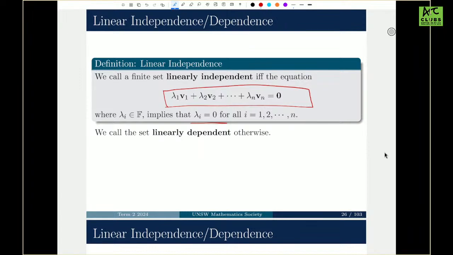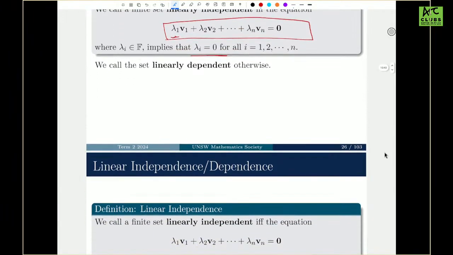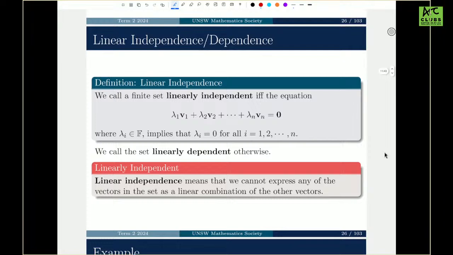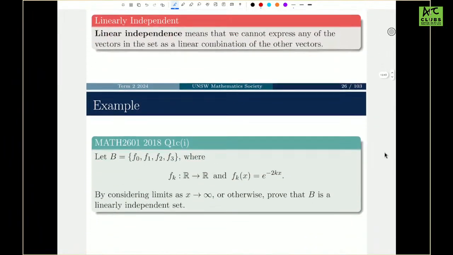So what that means is that you can't write the vectors as a combination of each other, because if you were able to, then you could make one negative and have the other linear combination in there and get non-zero values for some lambda i's that end up making this equation true. Okay. So linear independence means that we can't express any of the vectors as a linear combination of the other vectors, for the reasons I just explained.